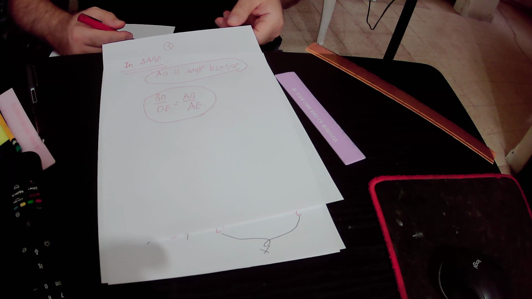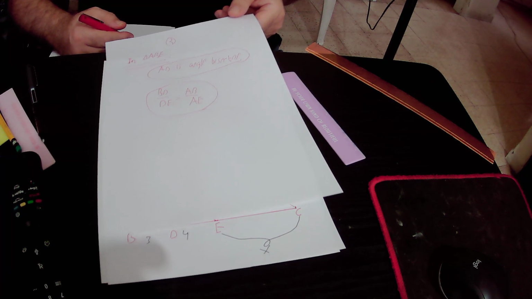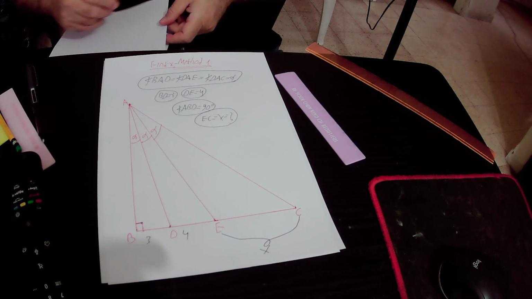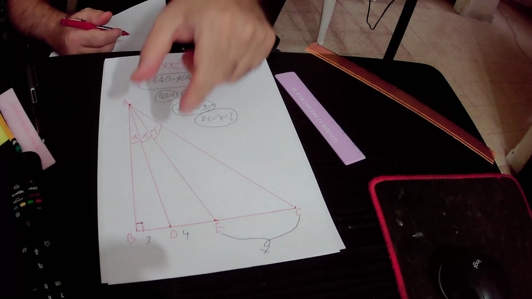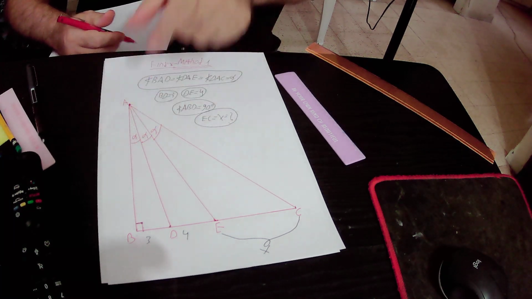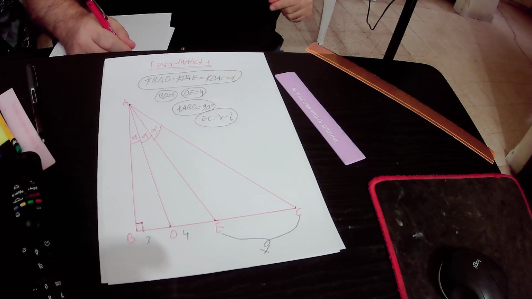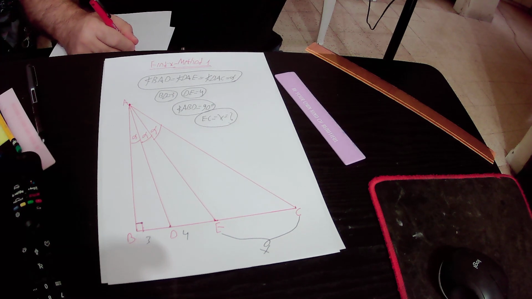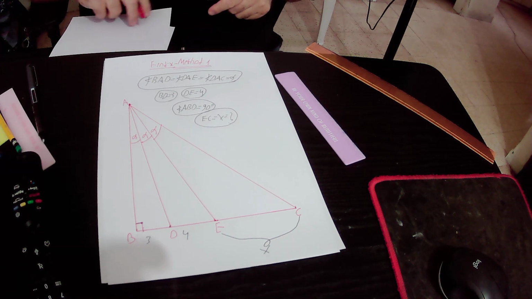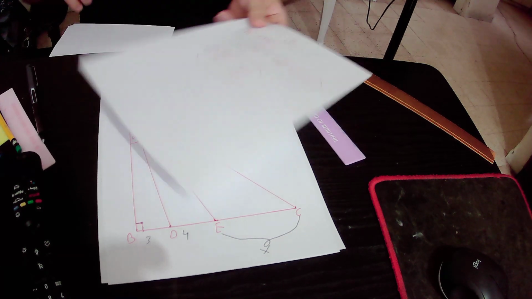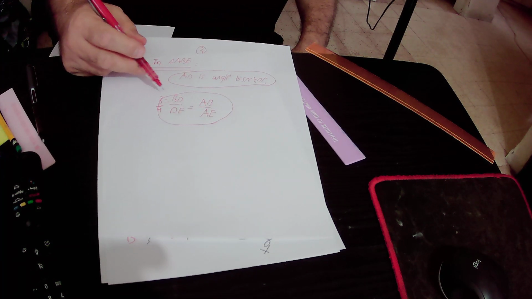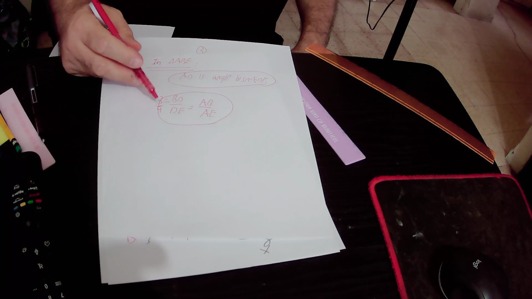Okay, so what is the size of BD? BD equals 3 units, it is given in the question, and DE equals 4 units. So in total BD equals 3, DE equals 4.